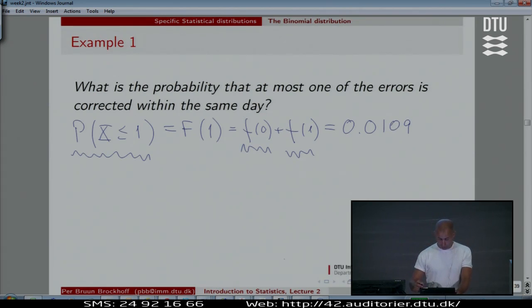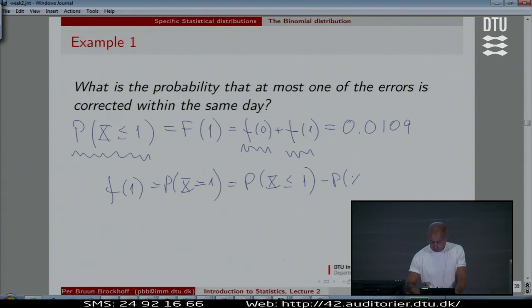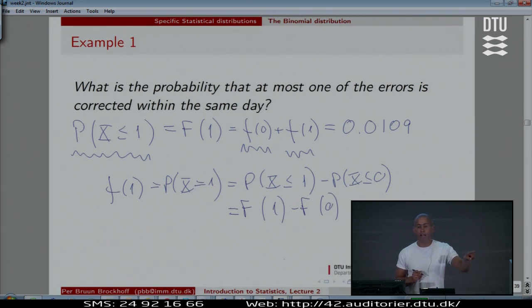Actually, this could also be used if you were interested in, for instance, the probability of exactly 1, to ask a third question. Such a probability could be found by taking the probability of being below or equal 1 and subtracting the probability of being below or equal 0, which in this case is the same as being equal to 0, because you cannot be negative. This means that we can subtract 2 subsequent capital F's from each other to achieve a small f.